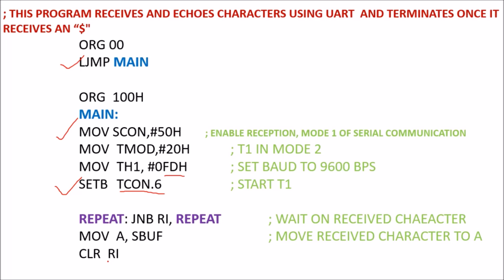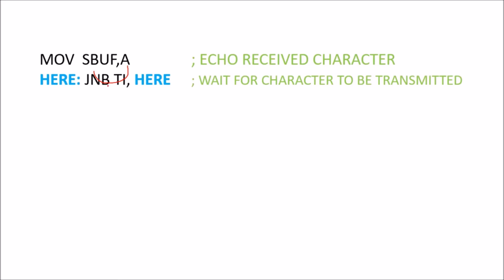So now we have received one character and that character is stored in the accumulator. Now we want to transmit this same character. So this accumulator character is stored in the SBUF register, and we'll check whether this character is transmitted or not. We'll wait for that.